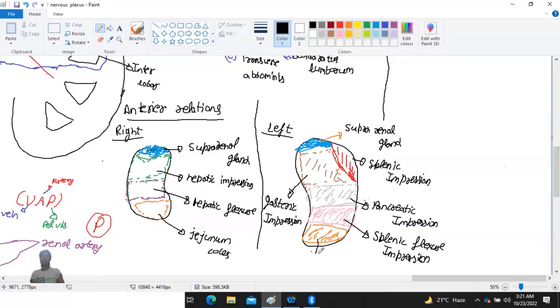And this last is the jejunum coils, similar, because coils are present on both sides. Jejunum coils impression. Done. So these are the anterior and posterior relations of the kidney.